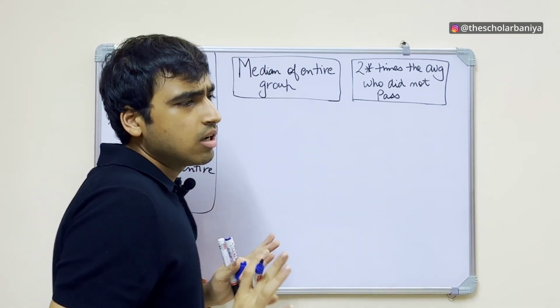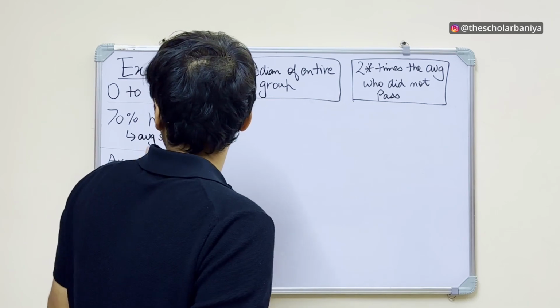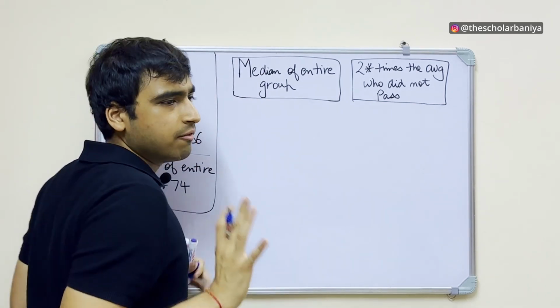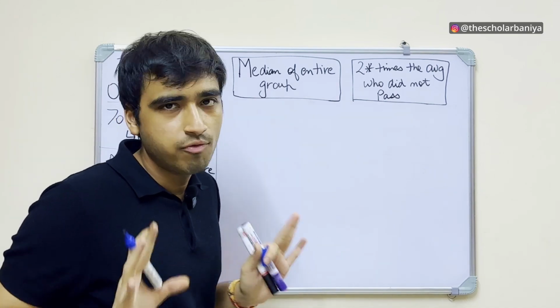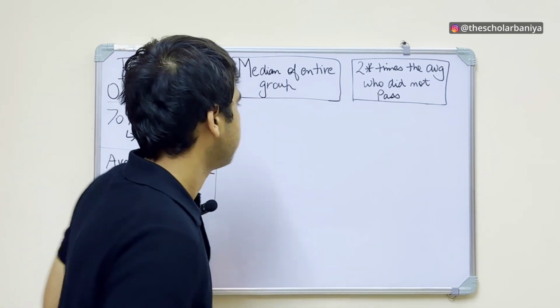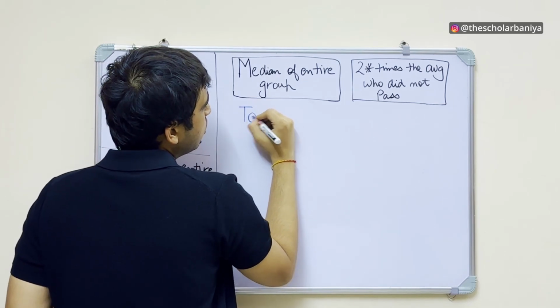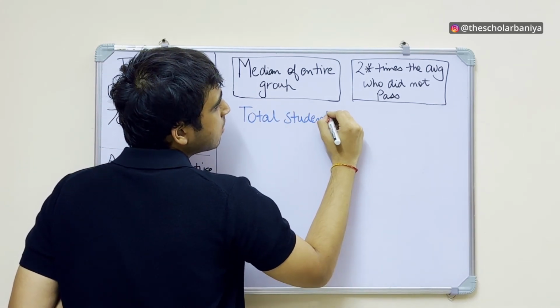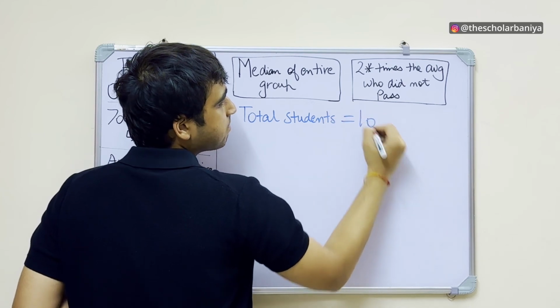So now tell me one thing. For example, suppose that there are 10 students. We don't know how many students there are, but let's suppose there are 10 students, so total students is equal to 10.